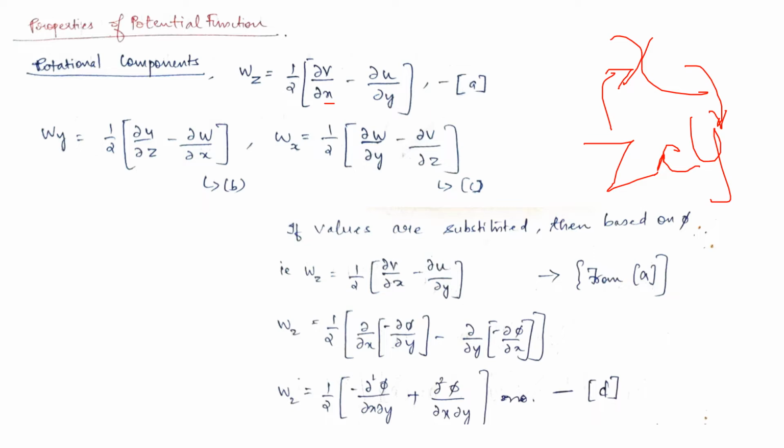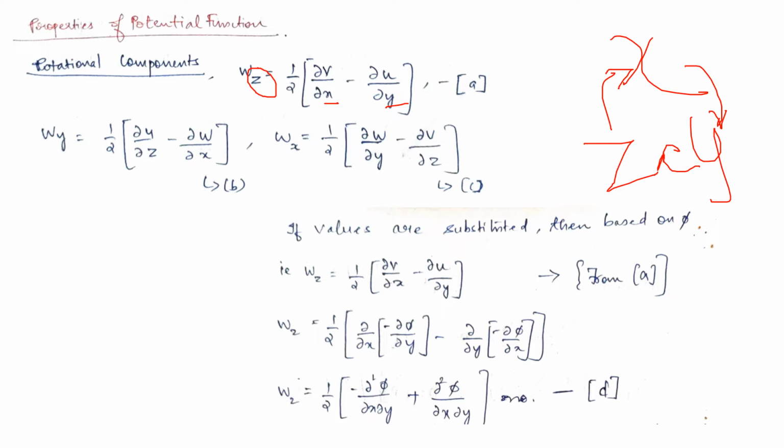If you need to represent the rotational component about the z-axis, it would be the rotational component in the xy plane. So you write z with x comma y, and whatever is the opposite velocity in that term, you will get it as the velocity in that component, and similarly the velocity in the x component you will get as u.